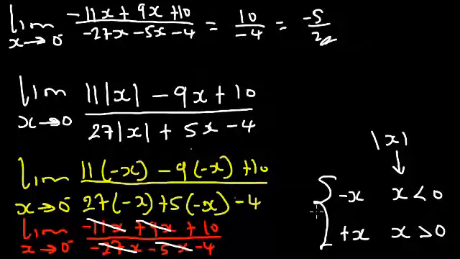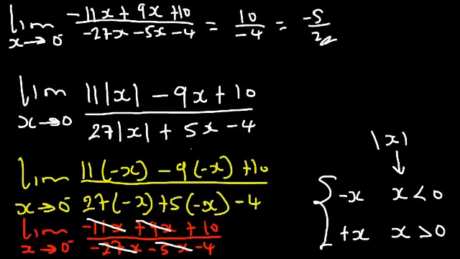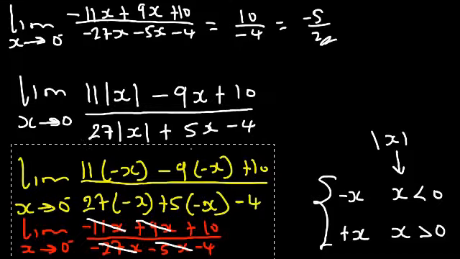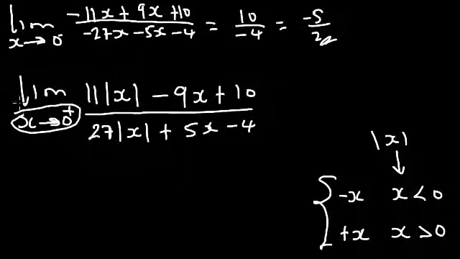We also need to determine the behavior when the variable is approaching the limit point from the right hand side, and compare our results. So now we want to evaluate the limit as x approaches 0 from the right hand side, positive. For those who might have lost track, I've changed the 0 to positive, as you can see where I highlighted.